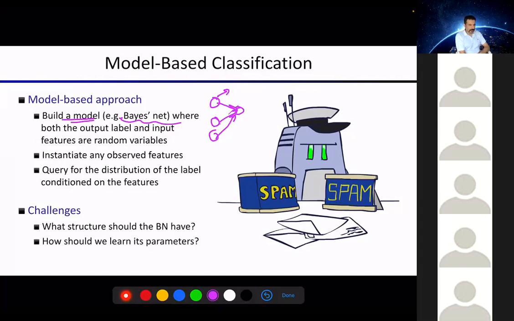And the connection is the dependence between two variables. So for example, if this is y and this is x, y is dependent on x. This dependence could be just correlation or could be causation, but there is some dependence.